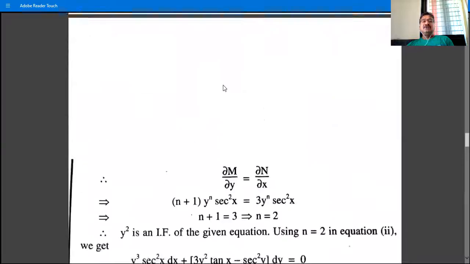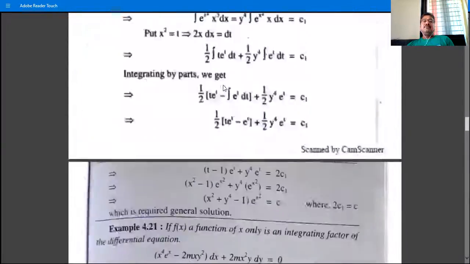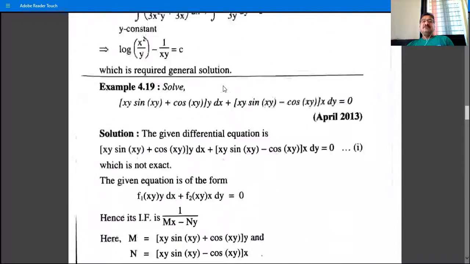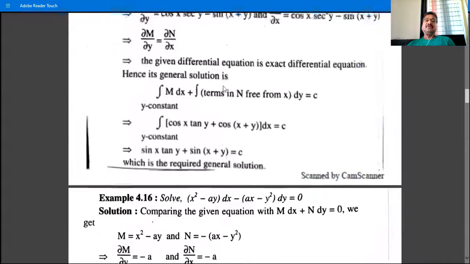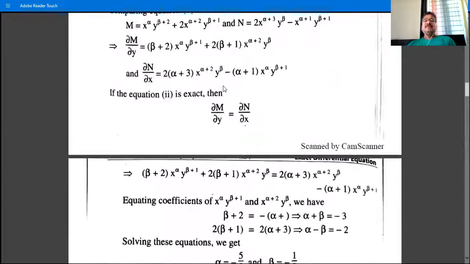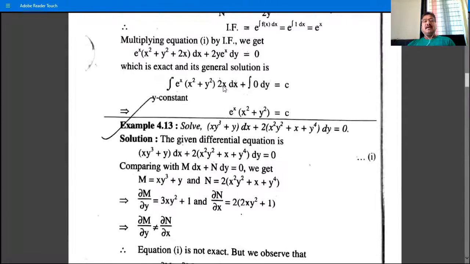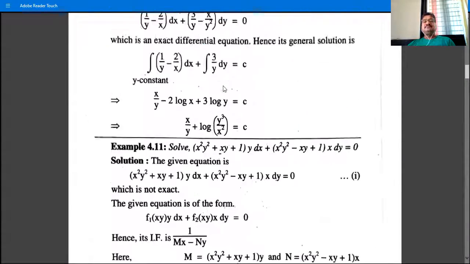So all these problems are of that type, which is a subtype of exact differential equation: the differential equation reducible to the exact differential equation.